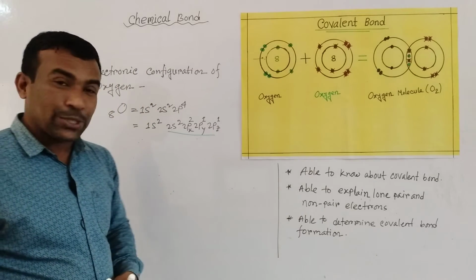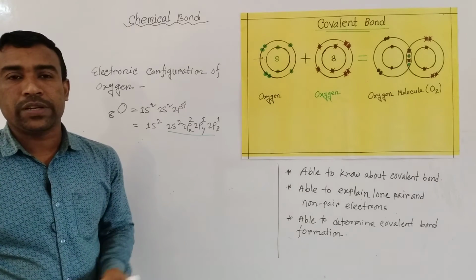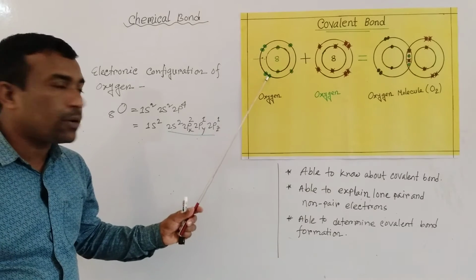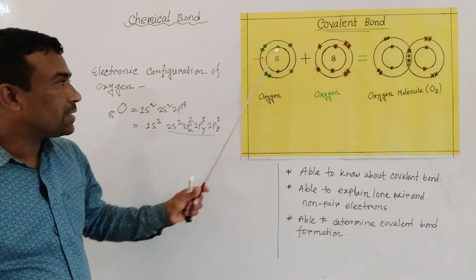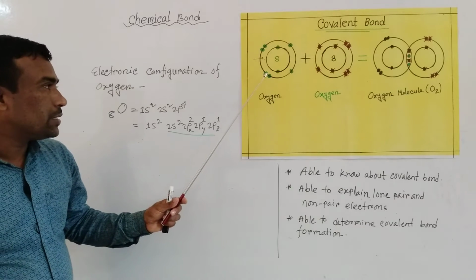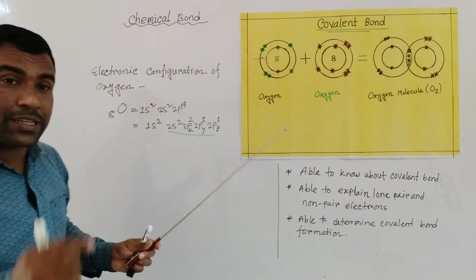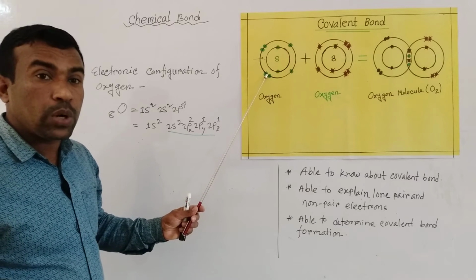Okay, so dear learners, from the electronic configuration of oxygen, it has 6 electrons in the outer shell and 2 electrons are non-pair, and on the other hand there are 2 pairs of electrons, which are stated as pair electrons. These are not interested to participate in the bond.